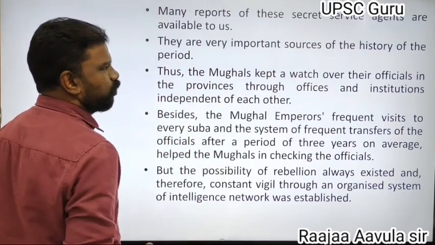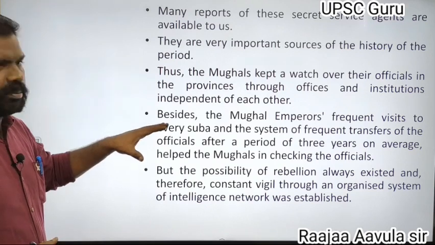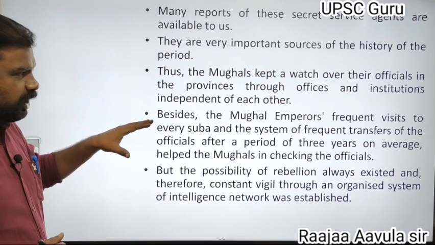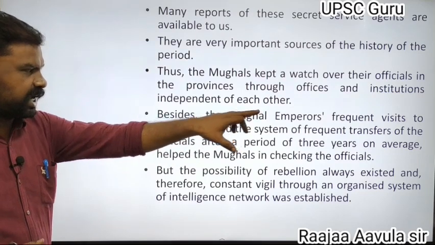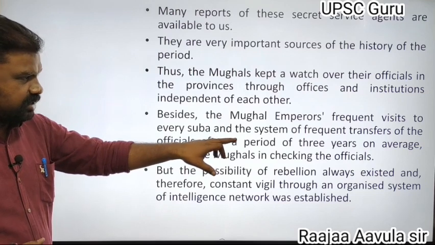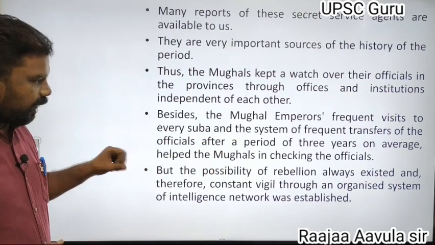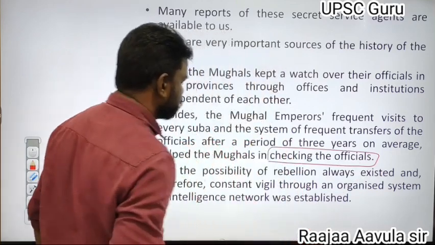The Mughals kept watch over the officials. Besides the Mughal emperors' frequent visits to every Subha, the system of frequent transfer of officials, after a period of three years on average, helped the Mughals in checking the officials.